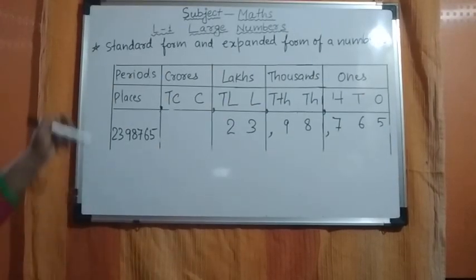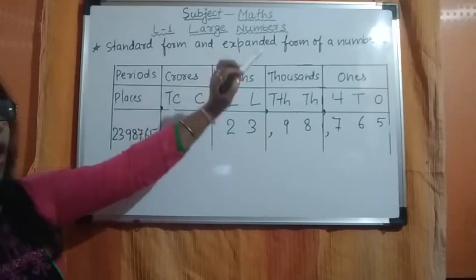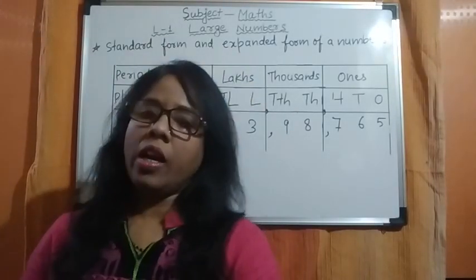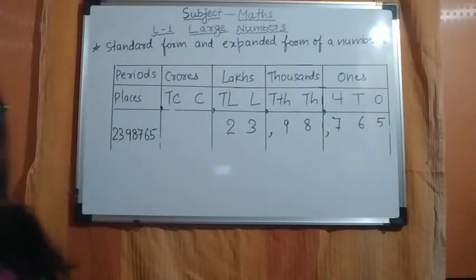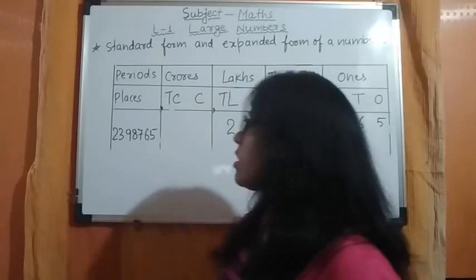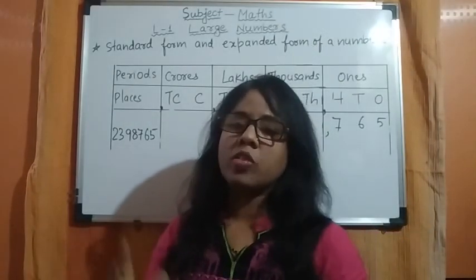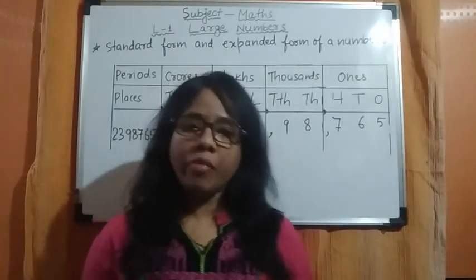The next important point is standard form and expanded form of a number. If anyone tells you to write down a number, how do you write it? The number is 23,98,765. You have to write the number in figures.